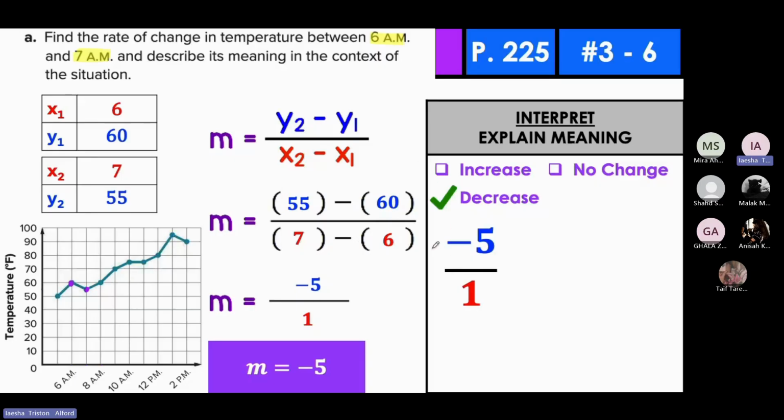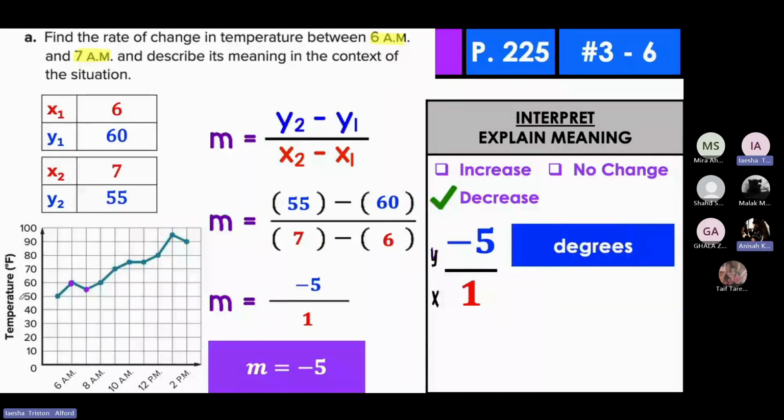So the top number is about the y word, and the bottom number is about the x word. To get it, you have to see from the graph what word is in the y-axis. Degrees Fahrenheit. So the temperature, the degrees Fahrenheit. What word is in the x-axis? It's going to be about time. So in hours. What's the meaning or what's the sentence here?